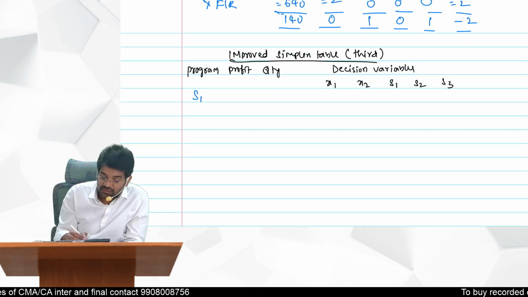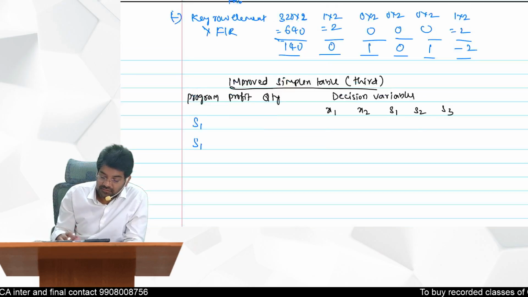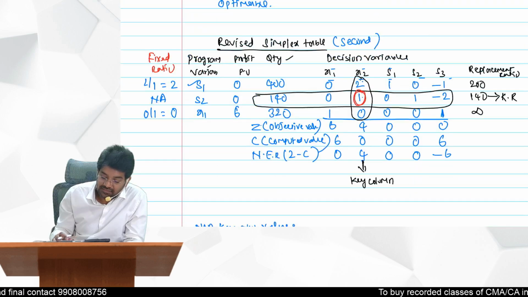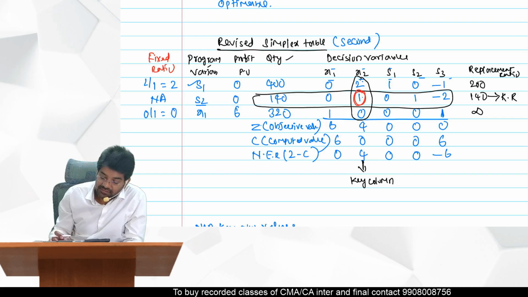Now which one are we replacing? S2 is the key row here, so we replace it with X2.